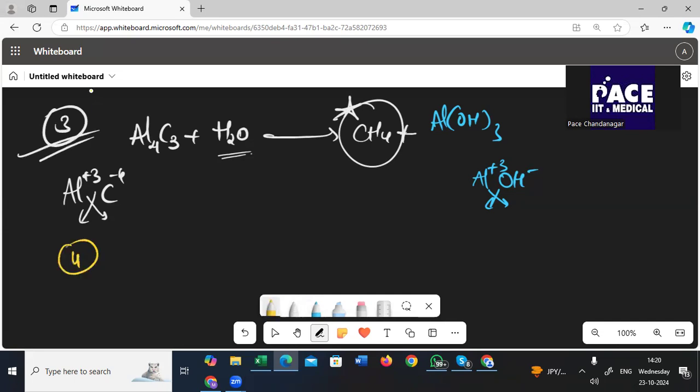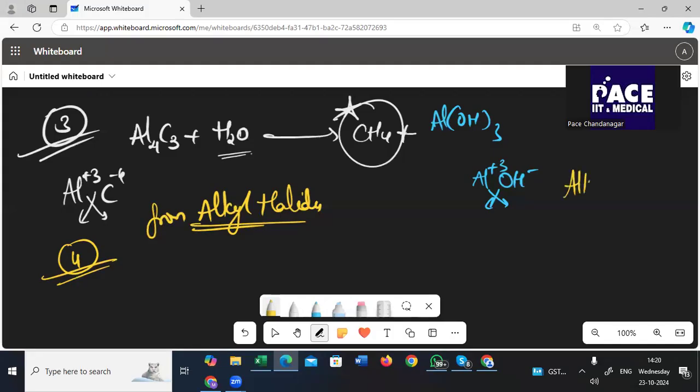Then the fourth method of preparation is ethane from alkyl halides. What is an alkyl halide? Alkyl is alkane minus one hydrogen. That is the alkyl group.